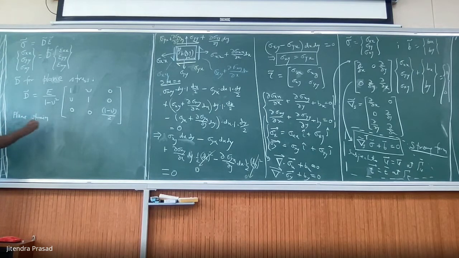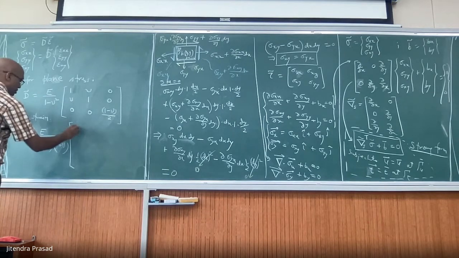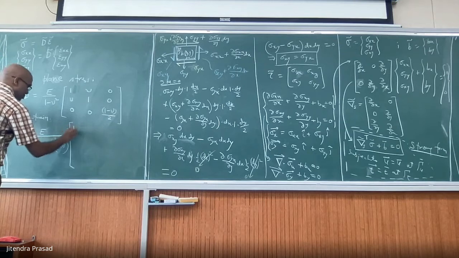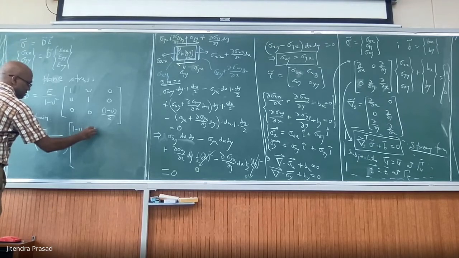Now plane strain. We have D equal to E, and then we have 1 minus 2 nu. Then you have 1 plus nu, then 1 minus nu, and this will be minus nu.